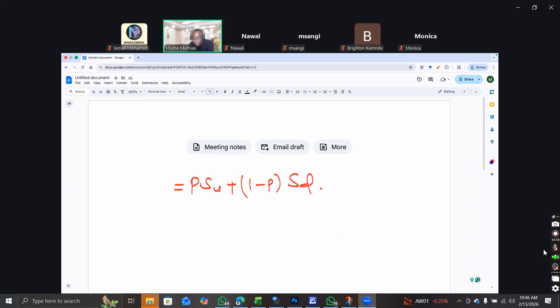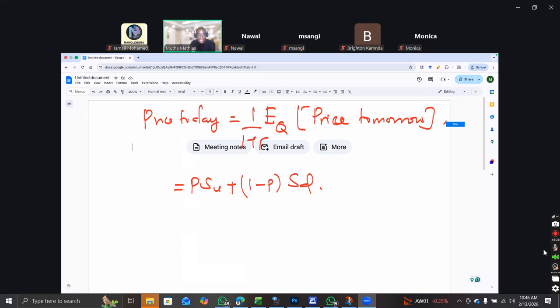So most of the time you'll find in books when it comes to risk neutral probabilities wanakuambia kwamba this is the same as saying price today is the same as taking the expected discounted value. So let's say 1 over 1 plus R, kama wanatumia tu interest rate ya kawaida ambayo is not continuous compounded, inakuwa EQ and then price tomorrow.